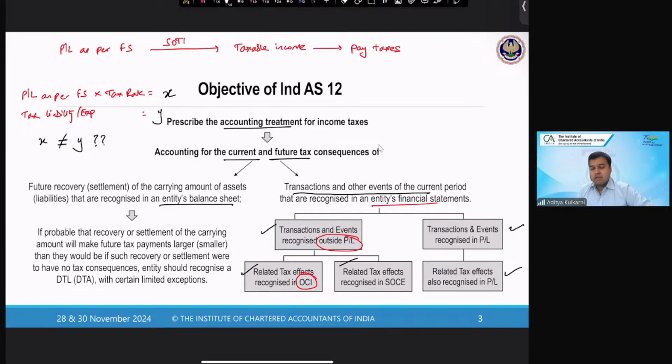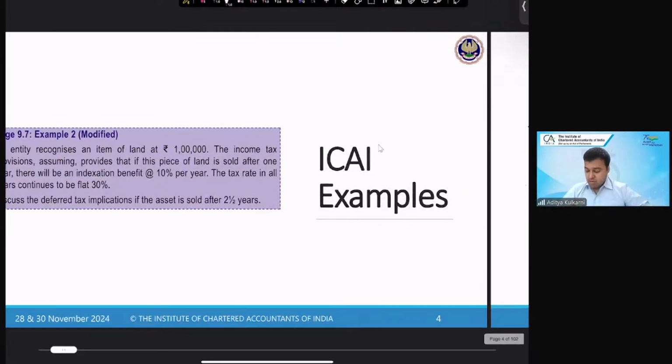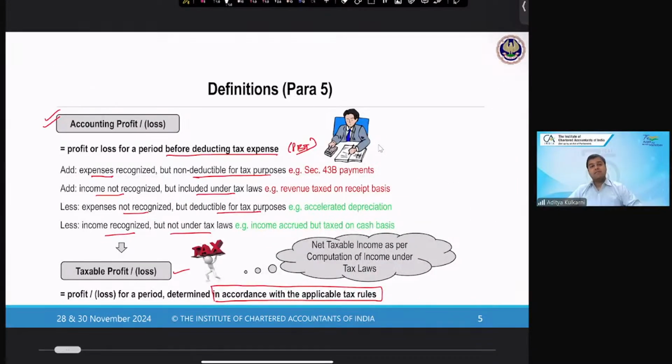Outside the P&L, the related tax effects will also be recognized outside the P&L, for example, in other comprehensive income or in statement of changes in equity where applicable. Transactions and events within the P&L, the tax impact also goes into the P&L. So this is the basic. Where the original income or expense has gone, the tax impact also will go in that respective place. Okay, so now with this background, let us proceed to understand what we mean by certain terms and definitions.